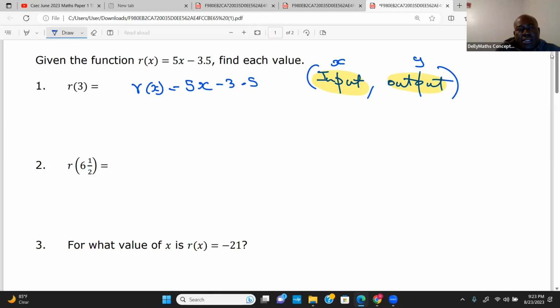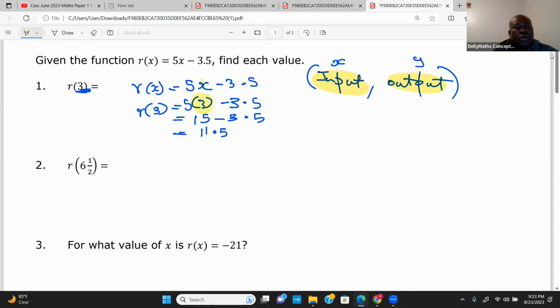We're going to take this r function and substitute 3 where x is. 5 times 3, and then we're going to subtract 3.5. 5 times 3 gives us 15, minus 3.5, and that is 11.5. The idea is that this 3 took the place of x, and we carry out the mathematical operation that was taking place there in an effort to get the answer.